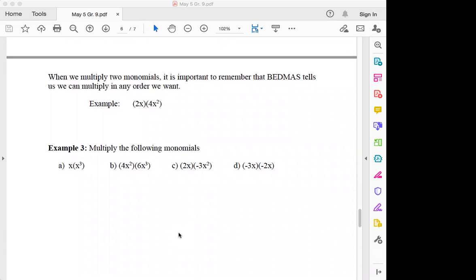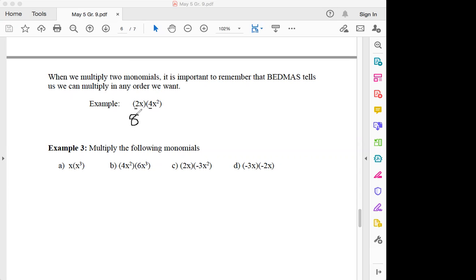When we multiply two monomials, it is important to remember BEDMAS tells us to multiply in any order we want. So when we're looking at multiplying 2x times 4x squared, what you're going to do first is multiply your coefficients. The coefficients are the numbers in front of your letters, your variables. So you're going to do 2 times 4, which is 8.